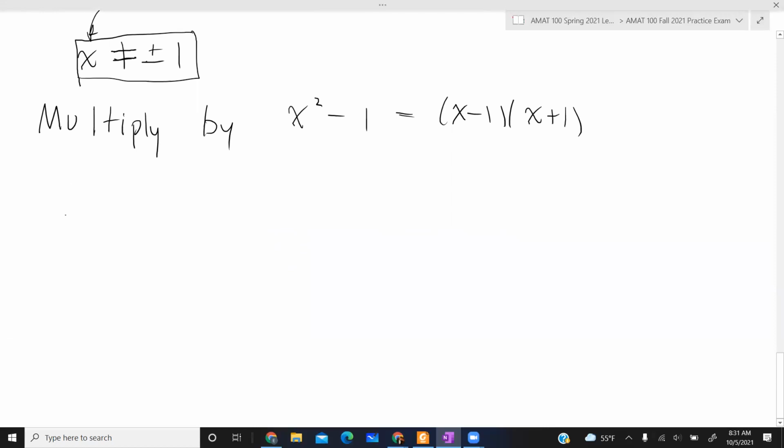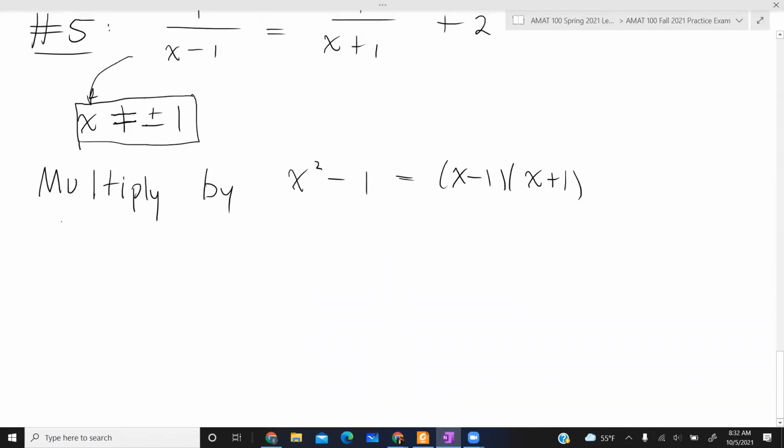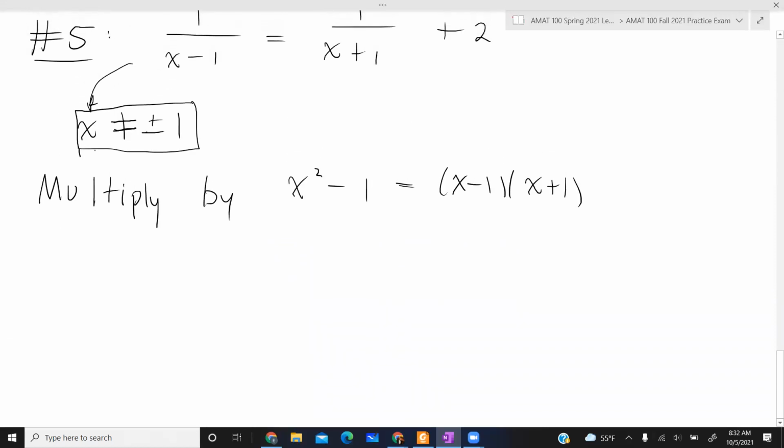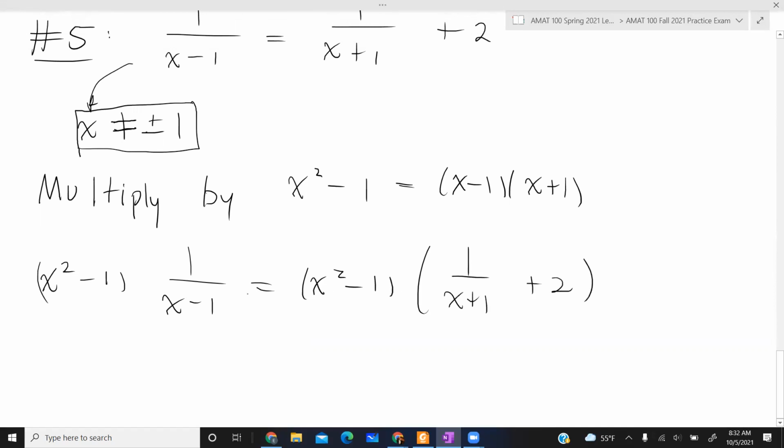So if I do that, I will get x squared minus 1 times 1 over x minus 1 is equal to x squared minus 1 times 1 over x plus 1 plus 2.